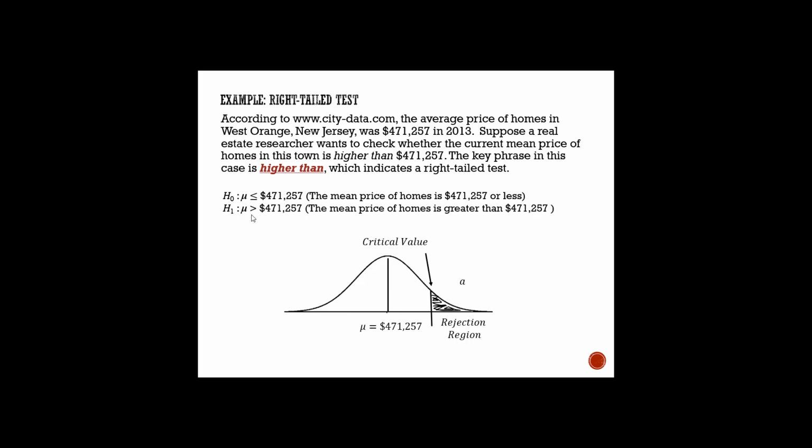This time we set up our rejection region in the right tail because, look, our alternative hypothesis points us to that right tail. We don't divide alpha in two. We put it all in that right tail. And, of course, the mean right here that we're comparing our test statistic against is going to be right here in the middle, and it is the old mean of homes that we had. What we're comparing to goes in the center as the mean.